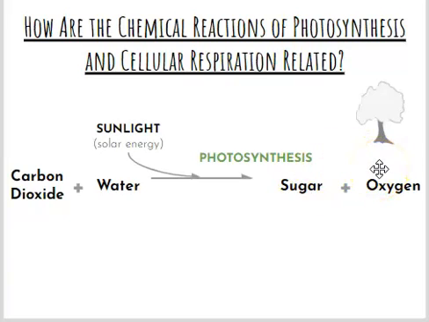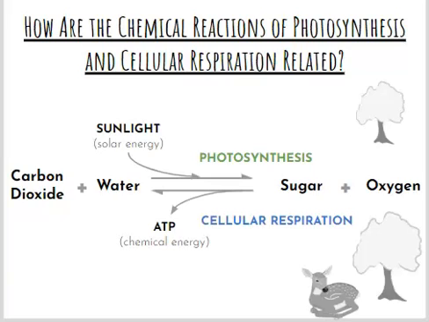Oxygen is the waste product. Then, if you go backwards, cellular respiration happens. Oxygen and sugar end up making ATP, water, and carbon dioxide. So plants are doing photosynthesis. Plants and animals are doing cellular respiration.